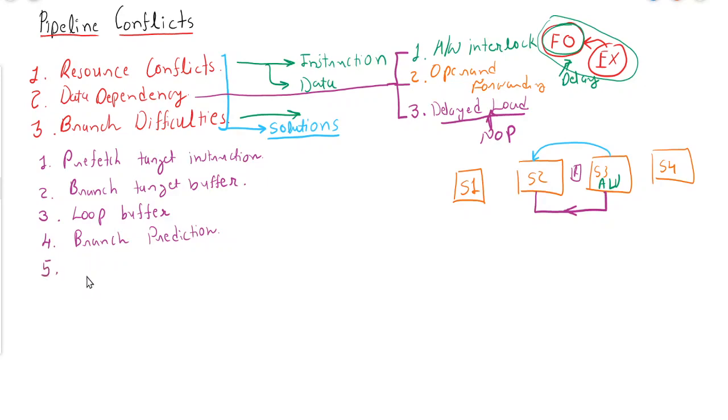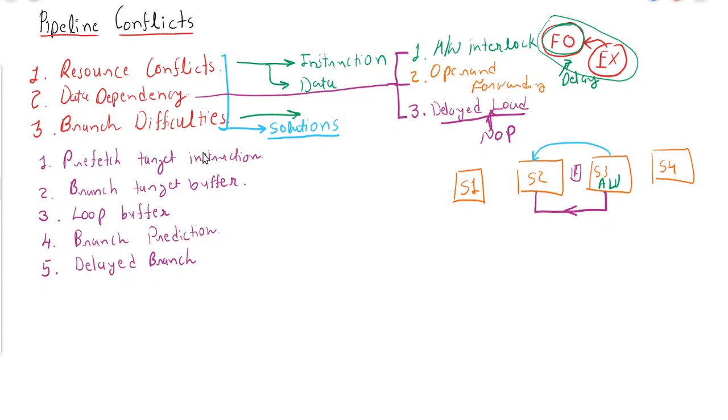Next solution, delayed branch. So these five are the solutions. Now we will discuss how these will be useful and how they will be implemented.